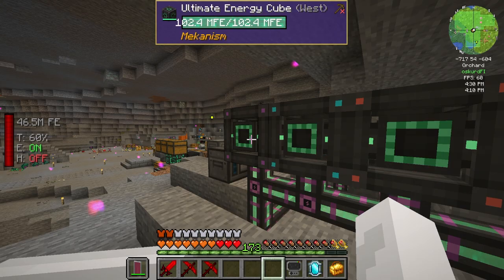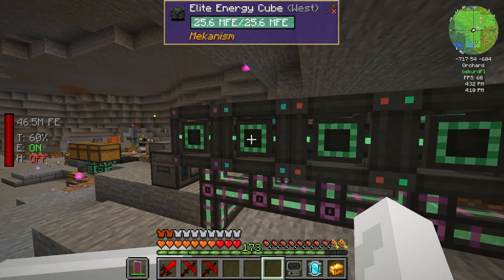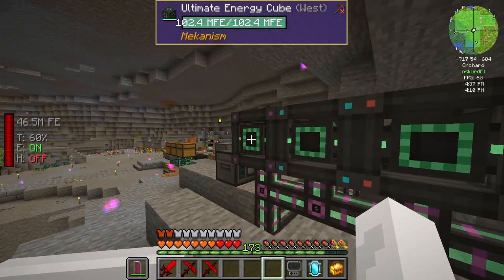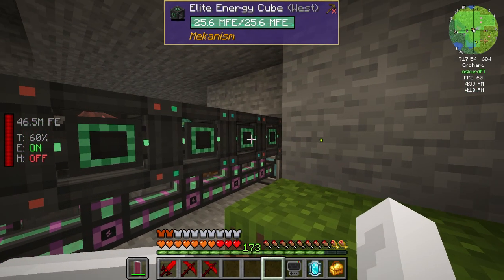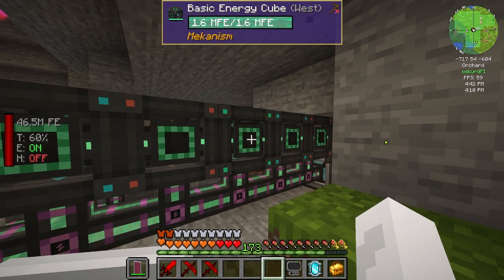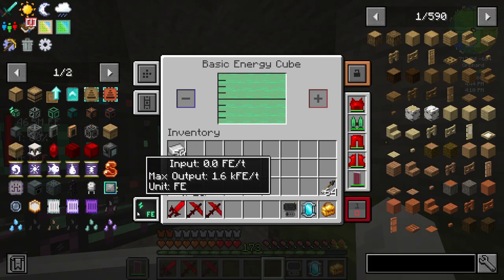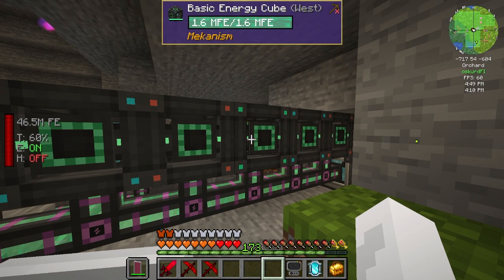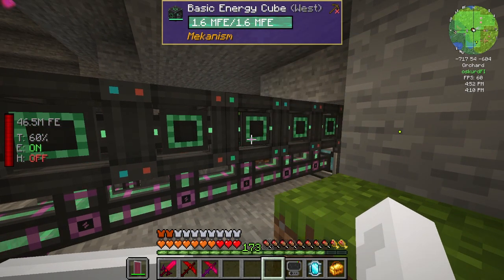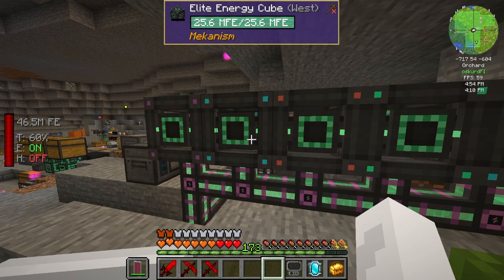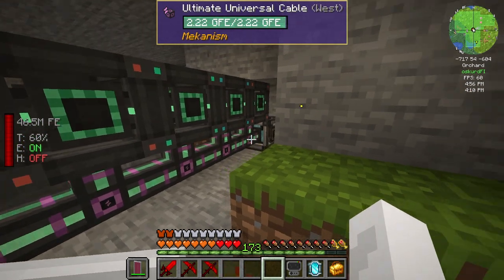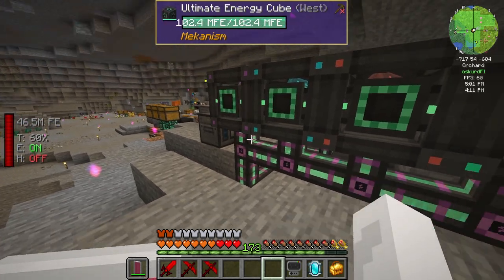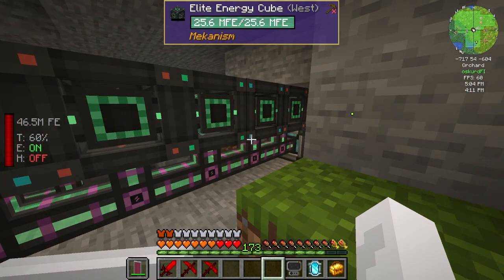So if I put this all in a row and then cable out from this whole setup, all I can get out from it is 1.6k FE, because that's the lowest output we can get from these cubes. So that's why they are now set up this way. We have our cable, and these cubes are connected on this cable.